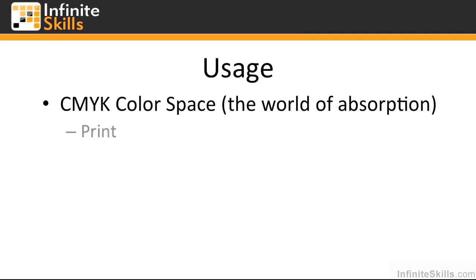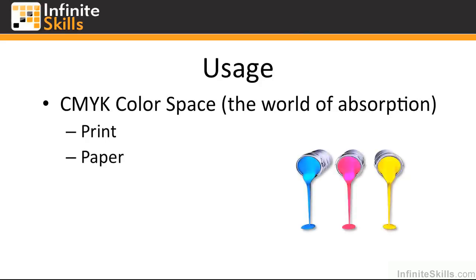So we're talking print in our world, print and maybe paper, which are about the same thing, I would think. And the colors are cyan, magenta, and yellow. Now, technically speaking, if you could take 100% of cyan, magenta, and yellow and mix them together, it would produce a black. But because of impurities in inks and things like that, they add that fourth can of paint, if you will, CMYK, and the K stands, of course, for black.